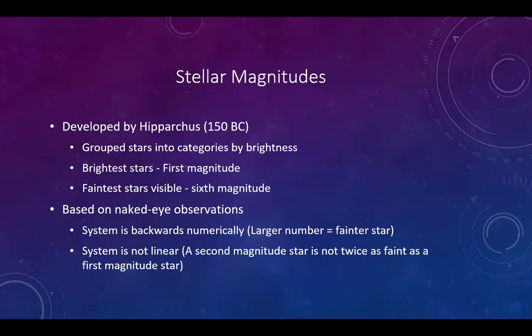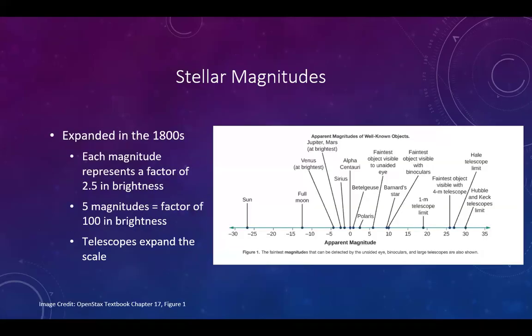A second magnitude star is not twice as faint as a first magnitude star. It corresponds most closely to a logarithmic scale. What happened was that this system put together by Hipparchus, this grouping he did, was systematized, and we put numbers on it.